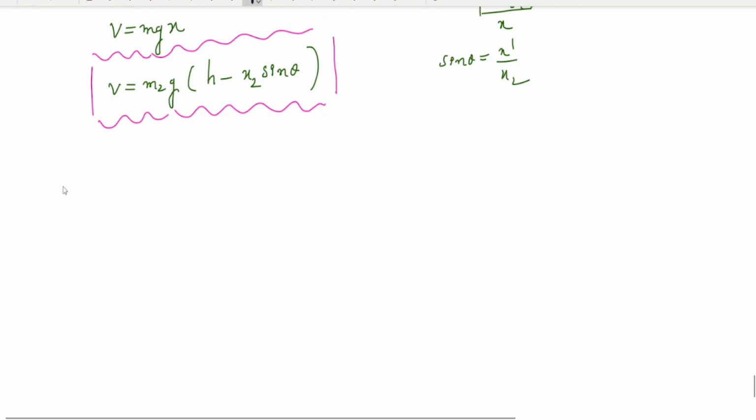Let us take our Lagrangian L equal to T minus V. So this is the Lagrangian. First we need to take the Lagrangian. So what is the T value?